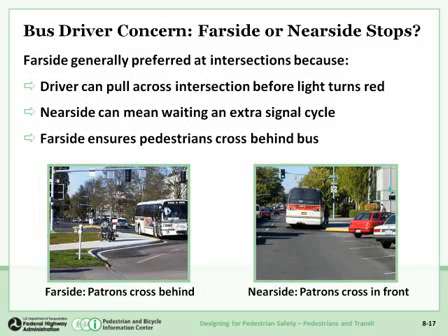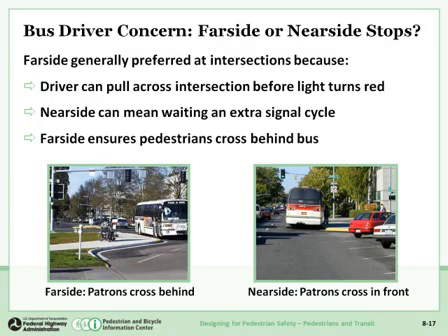So here's a question that is frequently asked in terms of bus stop placement: when you're placing a bus stop at an intersection, do you put it on the far side or the near side of the intersection? The far side is basically beyond the intersection, and then the near side would be before the intersection. So the far side is generally preferred because, similar to what we showed in the previous slide, a driver can pull across the intersection before the light turns red, or the traffic signal turns red if it's a signalized intersection.